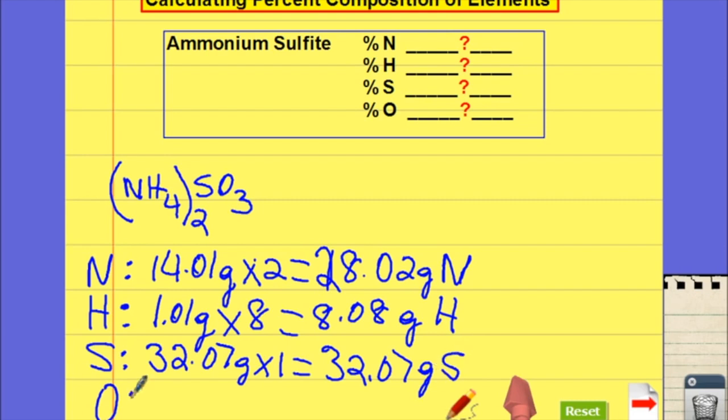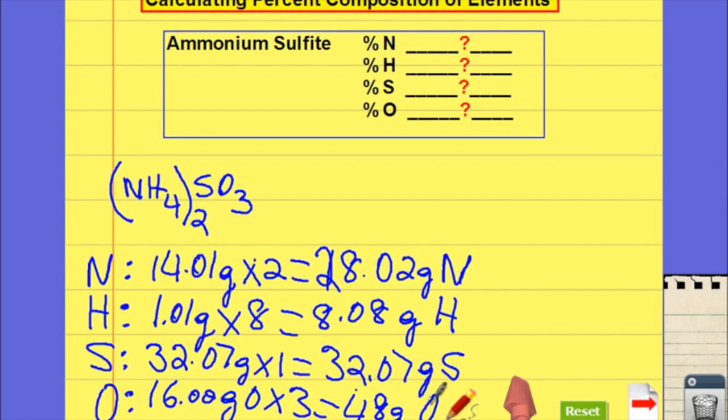This is my oxygen. Oxygen is 16 grams times how many oxygen, I only have 3, which gives me 48 grams of oxygen.